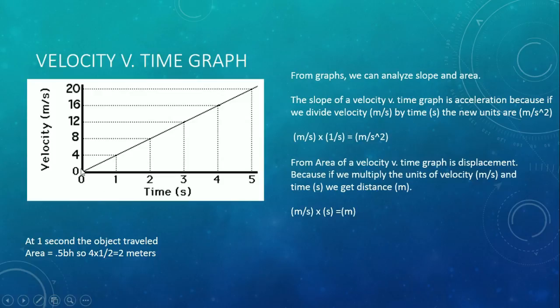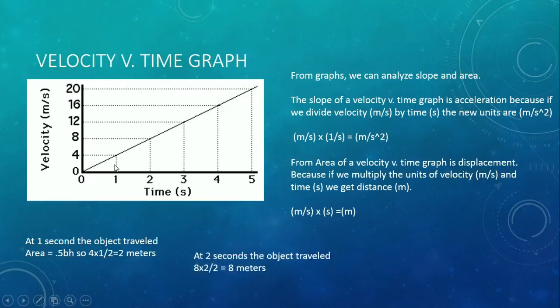So 1/2 times 1, because it was 1 second, times 4, because the height is 4 meters per second. If we do 1/2 times 4 times 1, it gives us 2 meters. So in the first second, the object traveled 2 meters.